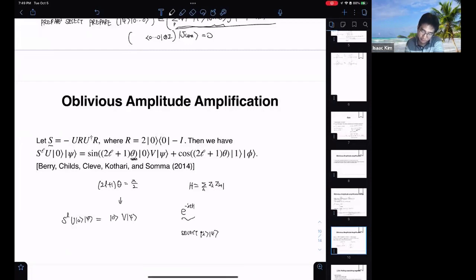Actually, now that I think about it, I already talked about this, but maybe in a misleading way. So all you need to do in the more modern method is just have a uniform superposition.